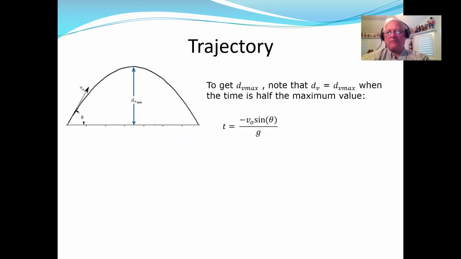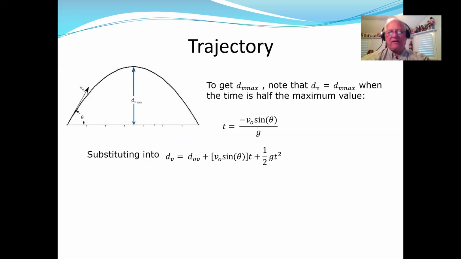So if I take the total time of flight divided by 2, that will be the value where I'll have my maximum vertical height. You get the equation seen here.